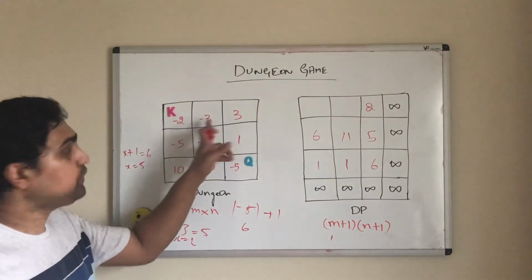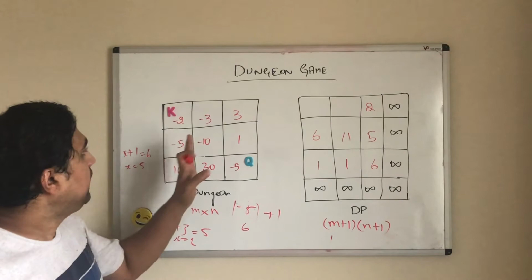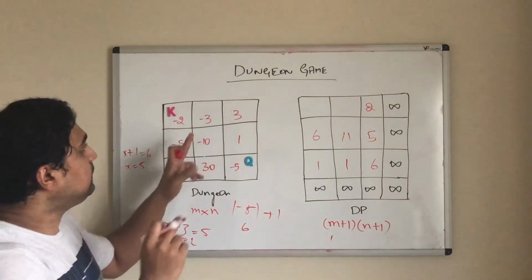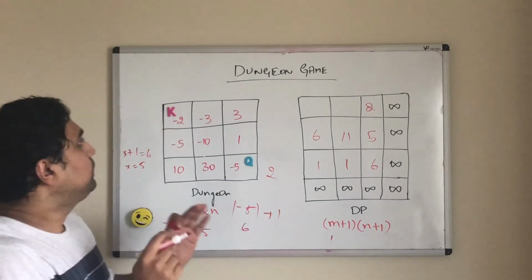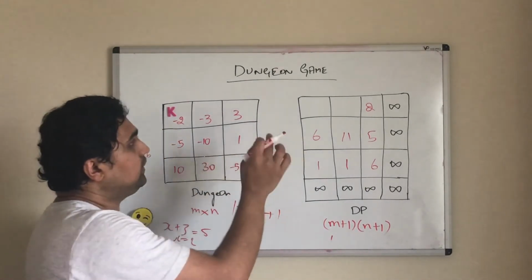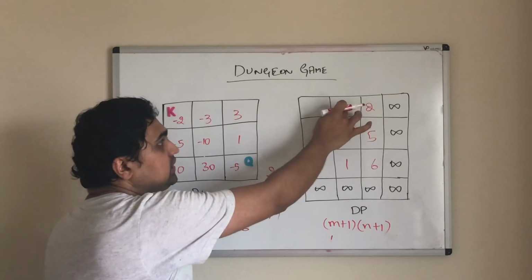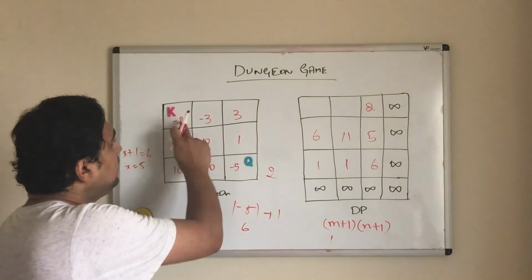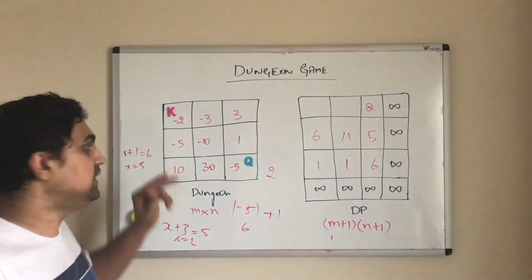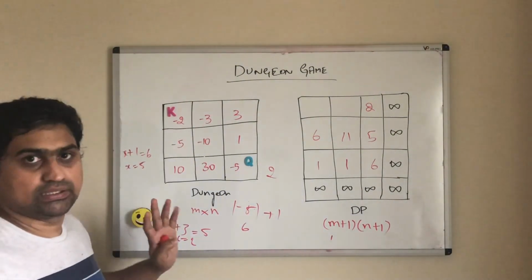So the cell value here is minus 3 and the minimum between these two is 2, right? Now in order to enter this cell from here, the knight has to have a health of at least equal to 2. In order to enter this cell, the knight should have a health at least one greater than this.